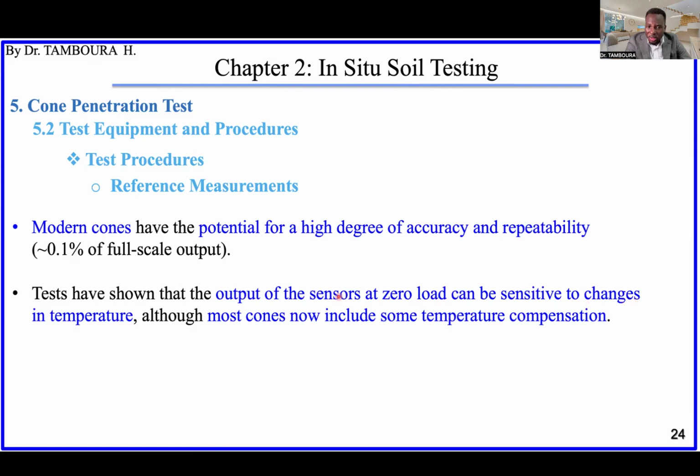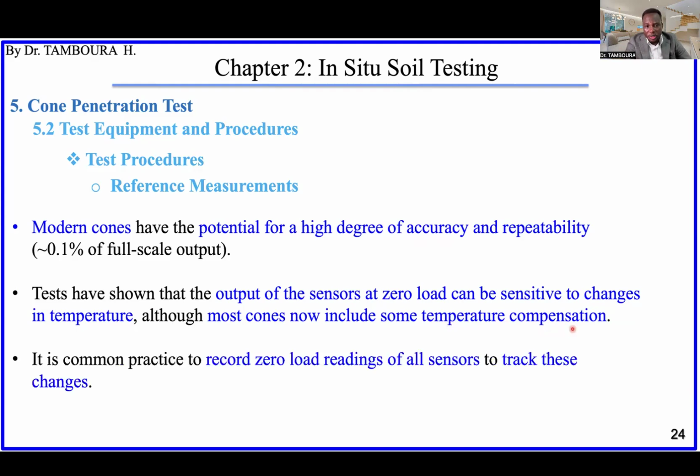Because the sensor at zero loading can be sensitive to change in temperature, although most cones now include some temperature compensation. They compensate for the temperature effect. So it is common to record the zero loading readings.